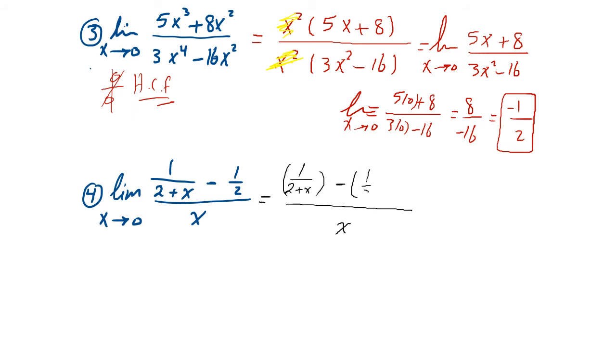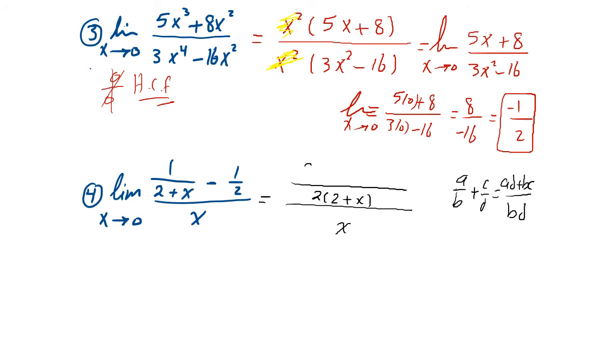I don't have the same denominator, but I have a rule which says that a over b plus c over d is equal to (ad plus bc) over bd. So I can apply it to the numerator.